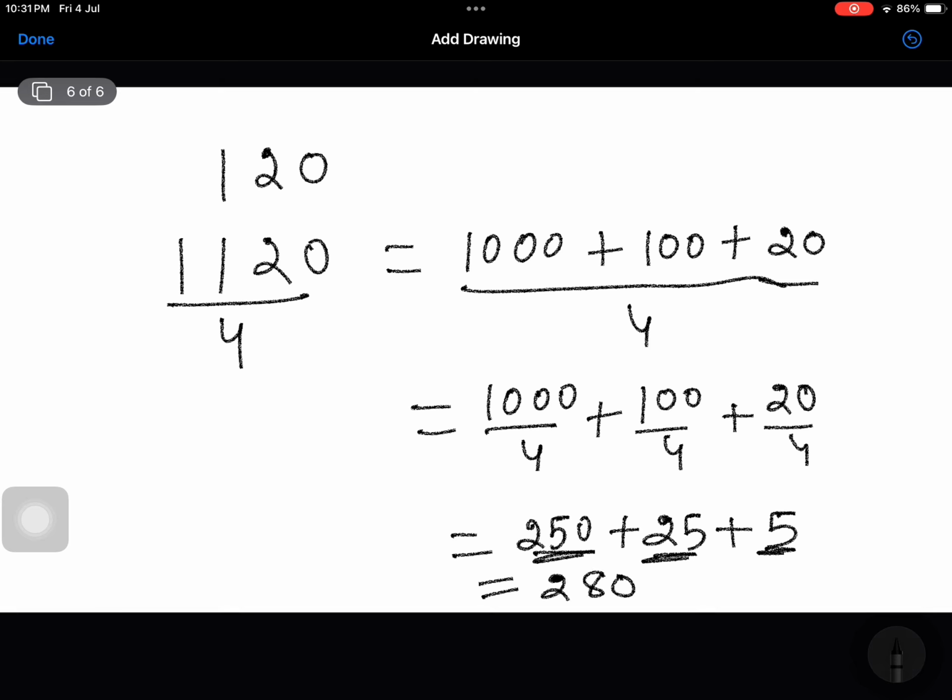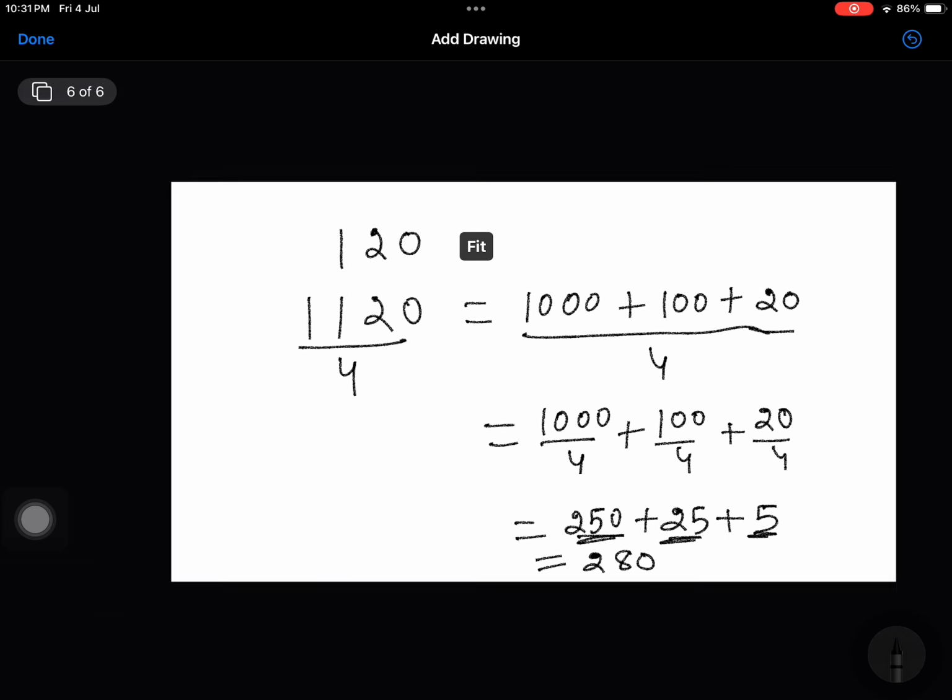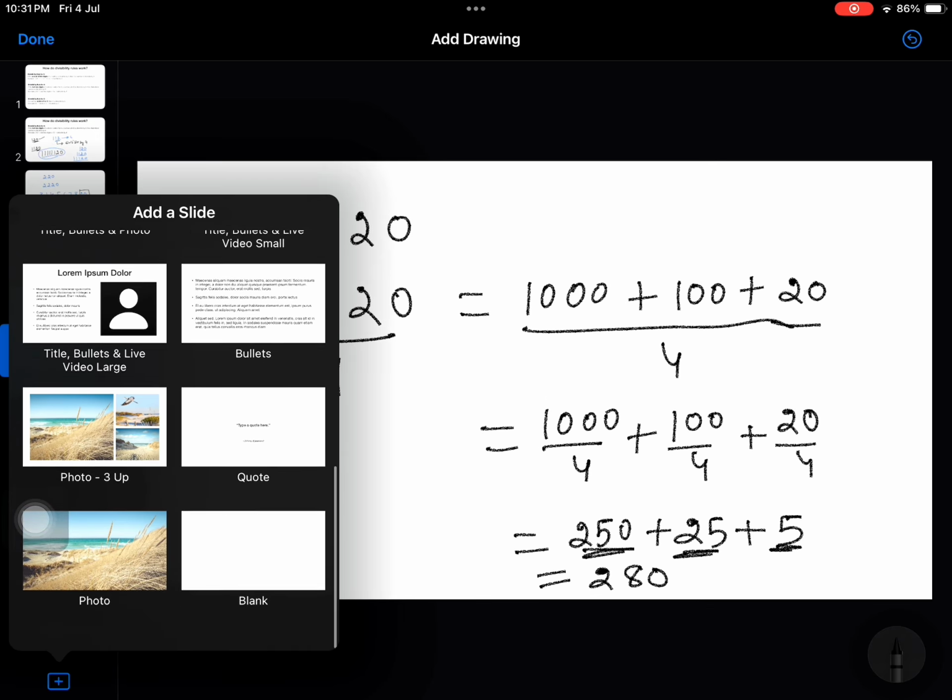Check it out whether it is working or not. This tells us that it does not matter how many digits are there in front of the last two digits of a number. The number will always be divisible by 4 provided the last two digits are divisible by 4.